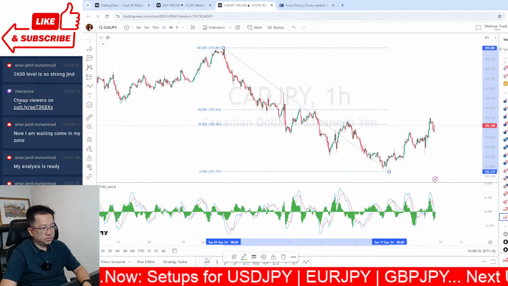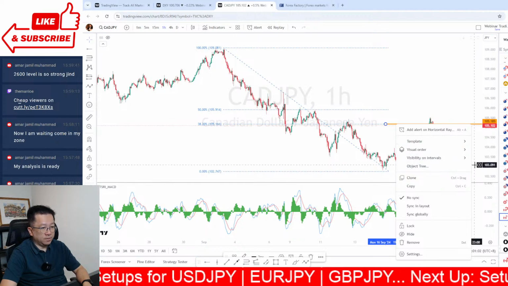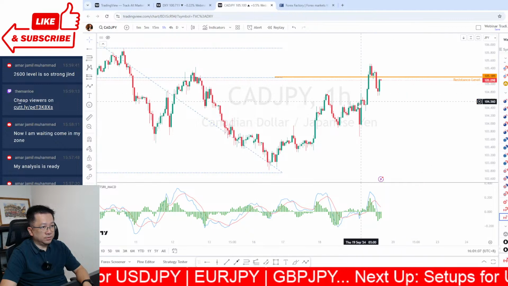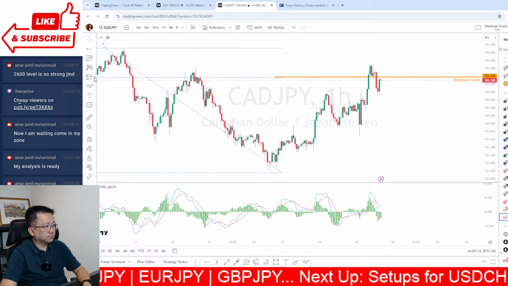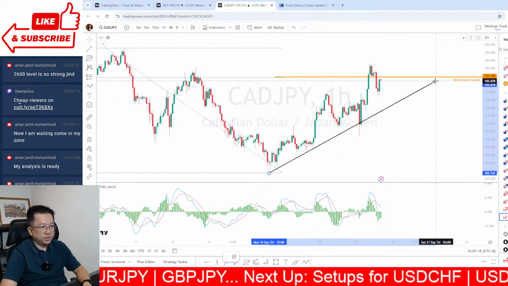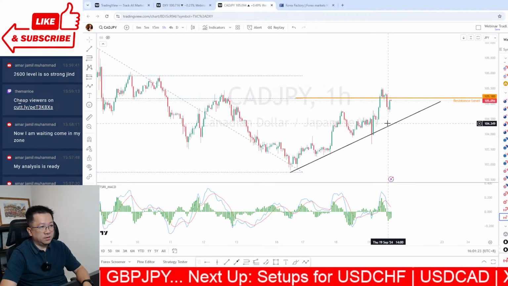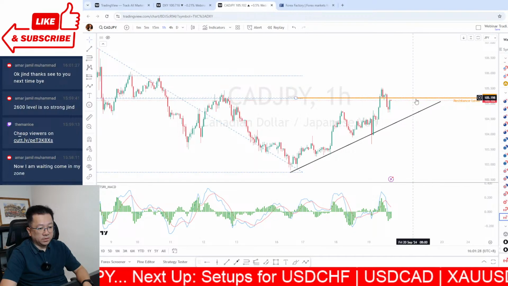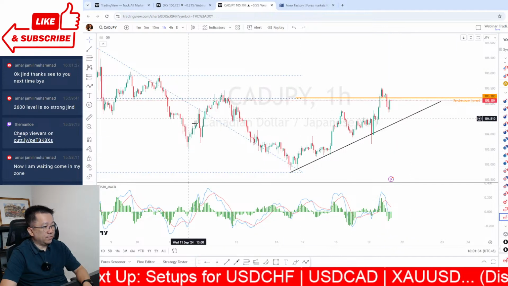Remember again, we're thinking that CAD could come significantly to the downside. So it tested, it's rejected, that seems to be crossing down. Now at this point here, I think CAD yen could consolidate here for a little bit and then look to break down.